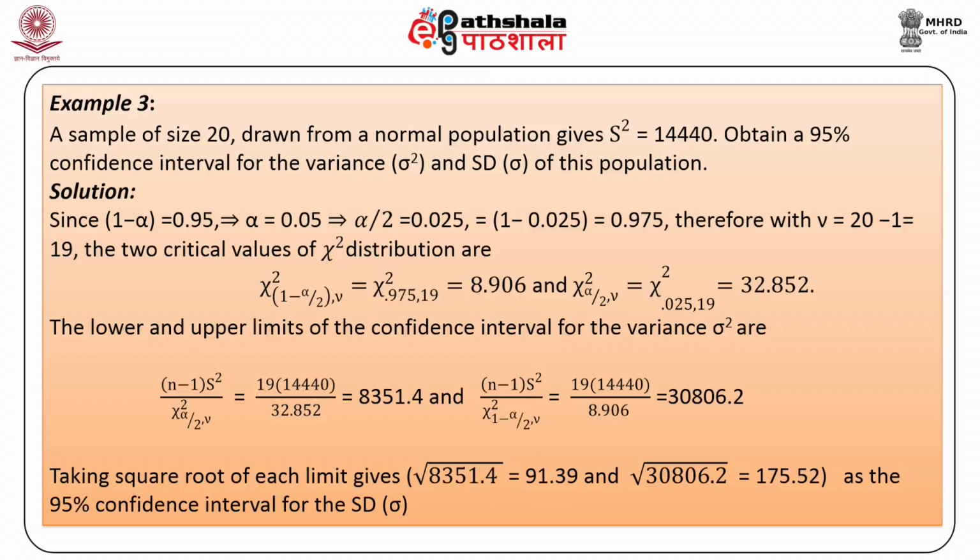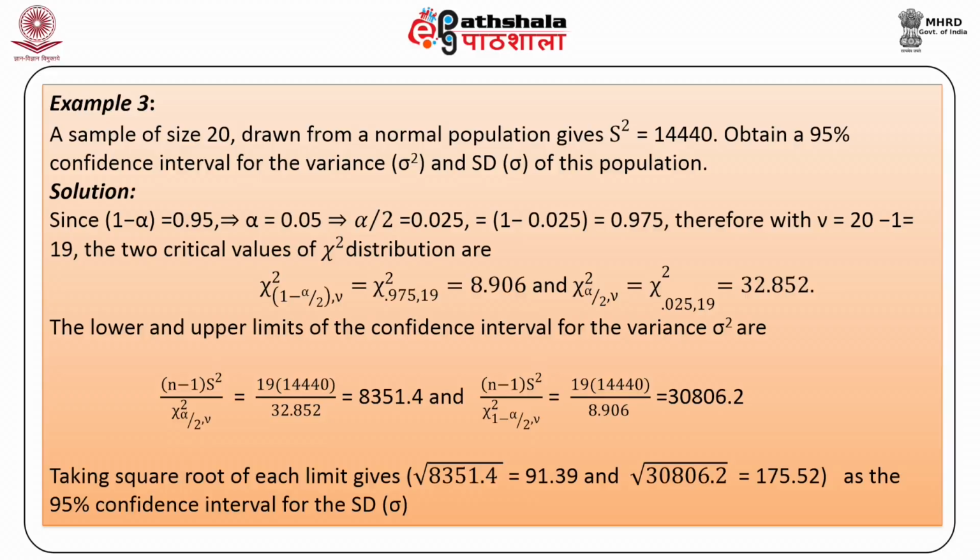The two critical values of chi-square distribution for the areas of 1 minus alpha by 2 and alpha by 2 for this 19 degrees of freedom are equal to 8.906 and 32.852.